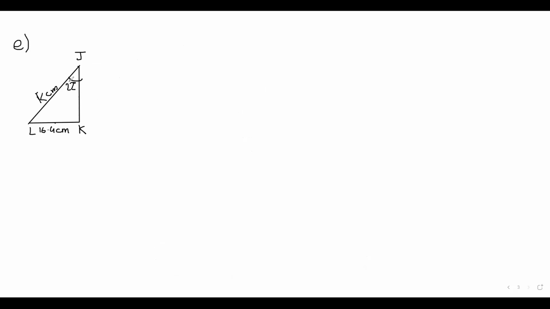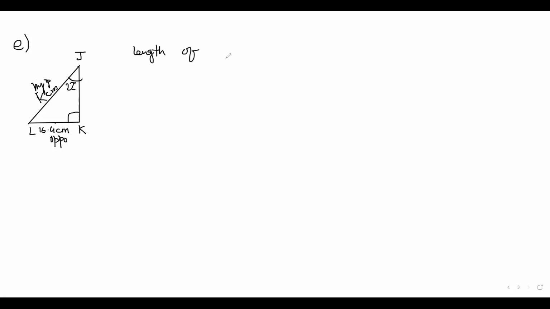Since this side is exactly opposite to 22 degrees, this is opposite. I will write it here for clarity. And as you can see, the other side is exactly opposite to the angle of 90 degrees, so this is hypotenuse. Now I will write the data first.